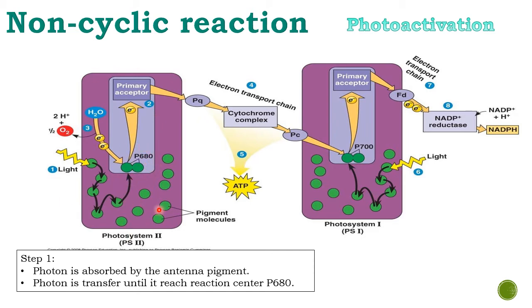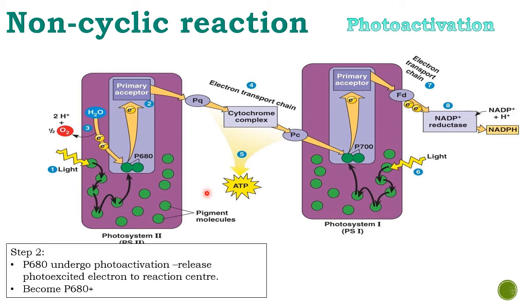Because this is photosystem 2. When the P680 reaction center receives the light energy, it undergoes photoactivation and releases 2 electrons to the primary electron acceptor. Here, P680 is oxidized as it donates electrons and becomes P680 plus.